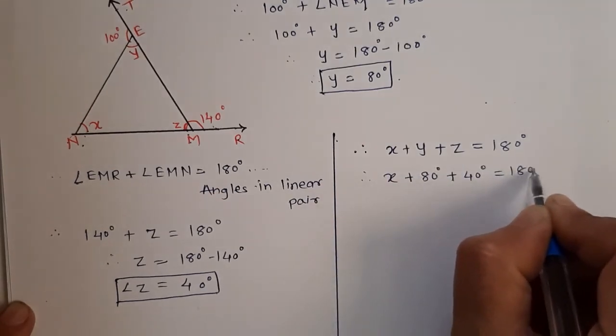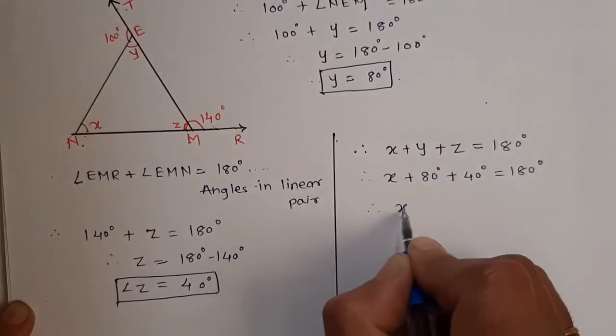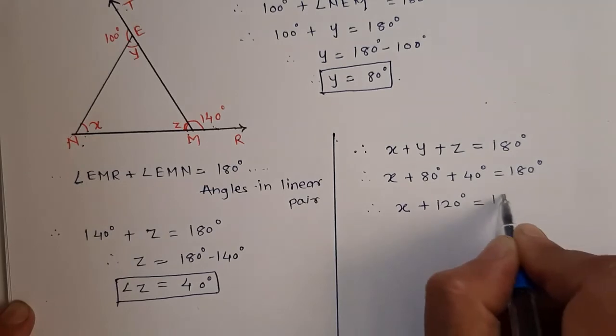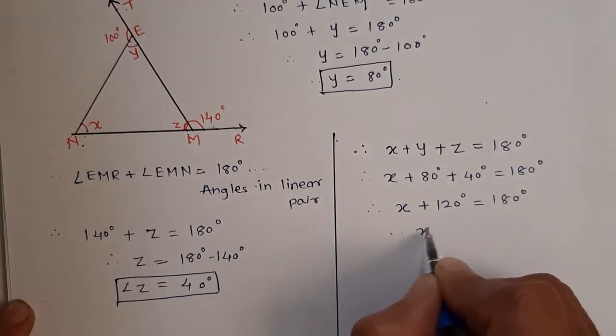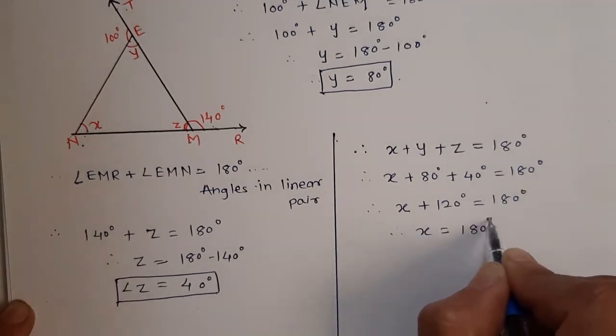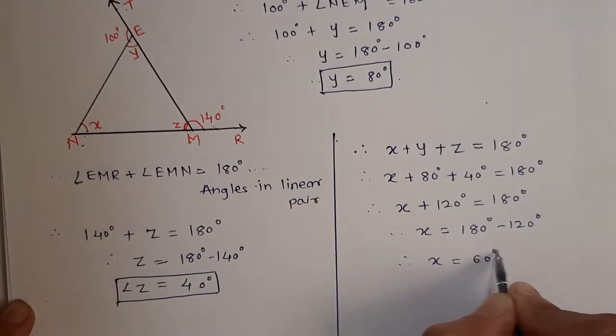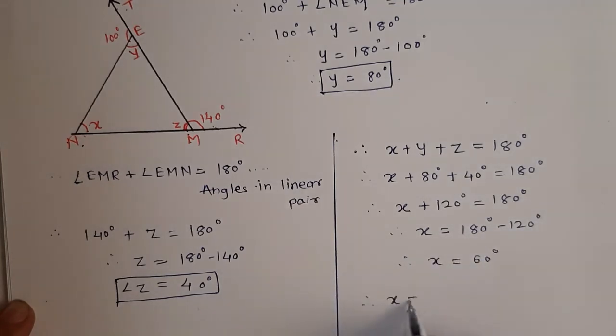So x plus 80 plus 40, which is 120, equals 180. So x equals 180 minus 120. Therefore x equals 60. So here the value of x is 60, y is 80 and z is 40 degrees.